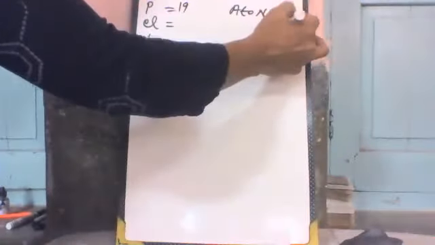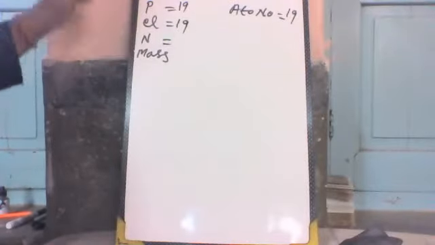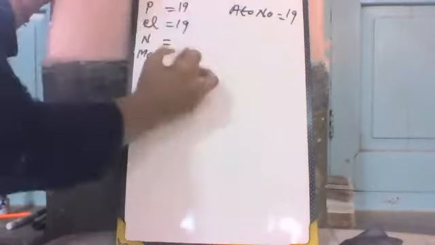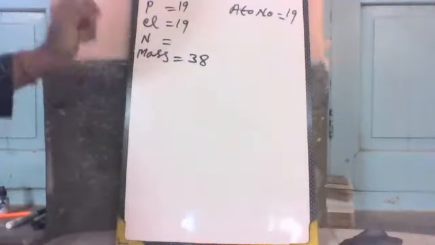So we can say that the number of protons is 19, the atomic number is 19 and the number of electrons is 19 because all are the same. Mass number is 38. Now we have to find the number of neutrons.